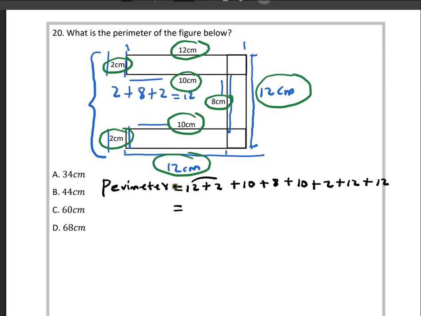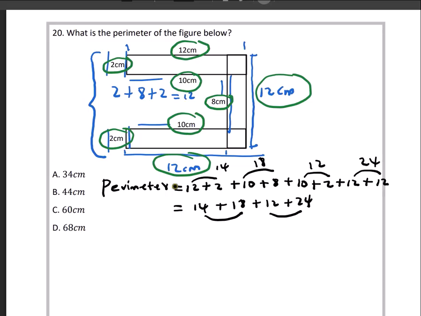This plus this is 14. So let me just write here 14. Then this is 18. 10 plus 8 is 18. This is 12. And then this is 24. Right? So let's bring it down here. 14 plus 18 plus 12 plus 24. So let's add these two together and these two together.